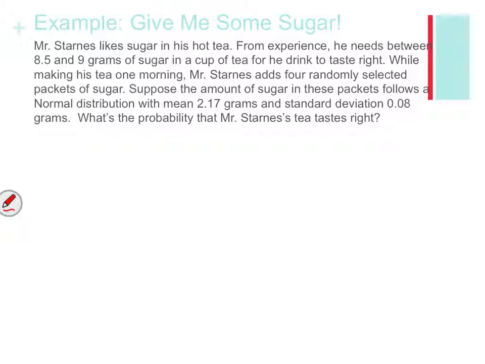While making his tea one morning, Mr. Starnes adds 4 randomly selected packets of sugar. Suppose the amount of sugar in these packets follows a normal distribution with mean 2.17 and standard deviation 0.08. What's the probability that Mr. Starnes' tea tastes right?